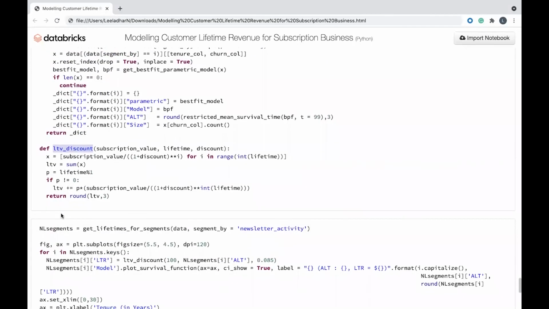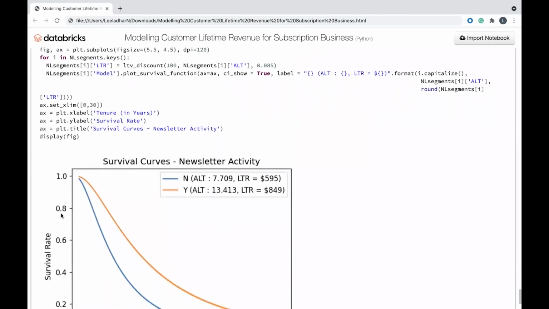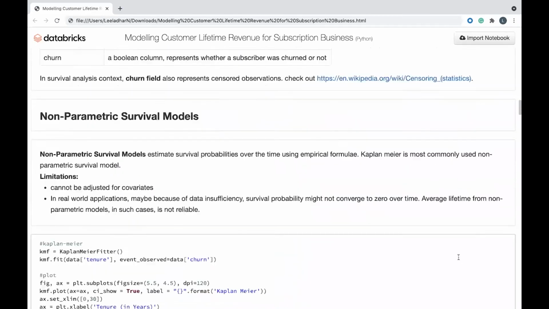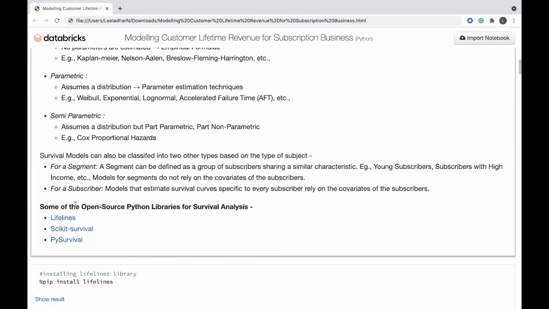So using these two functions, we have finally arrived at the LTV estimates for newsletter segments. Similarly, we can estimate LTV metrics for age, income, or any other segments. So that's all I have for the demo. And to learn more, you can refer to these links for well-documented libraries.